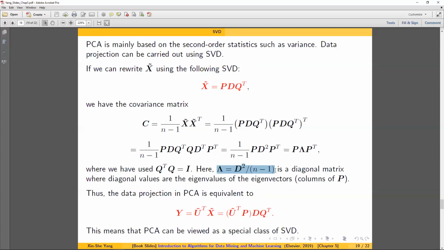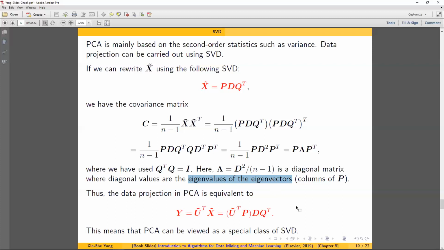It's a diagonal matrix where the diagonal values are eigenvalues, and P is really the eigenvector matrix.